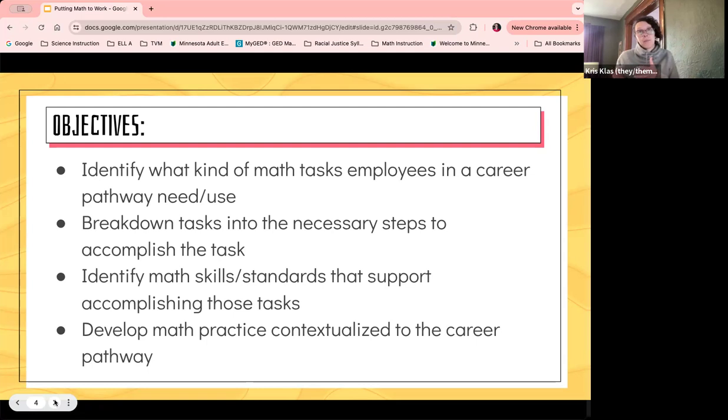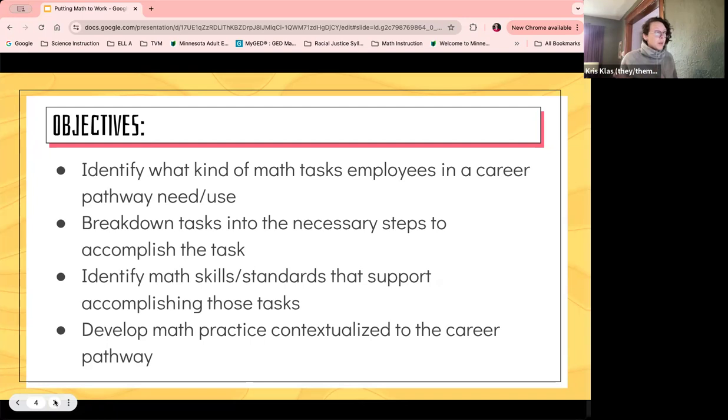You know, career and job place or workplace tasks usually have a lot of components in them, and we're already covering so much else. How do we figure out what all students need in order to be able to do this? We also want to identify the math skills and standards that support accomplishing those tasks.